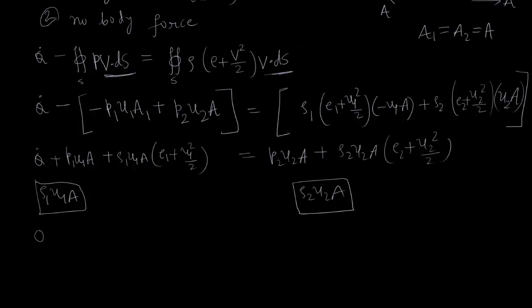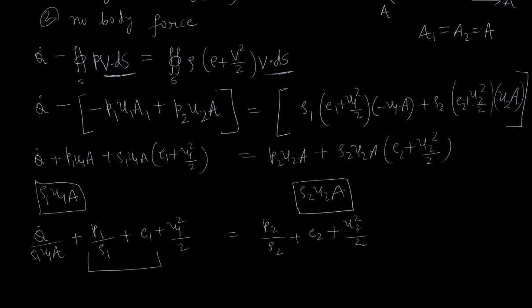So this will become Q dot by rho 1 U1 A plus P1 by rho 1 plus E1 plus U1 square by 2 is equal to P2 by rho 2 plus E2 plus U2 square by 2.